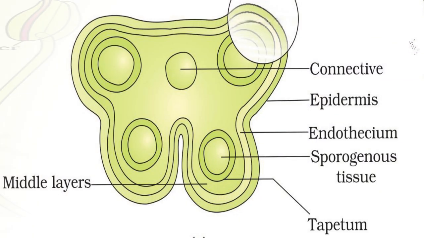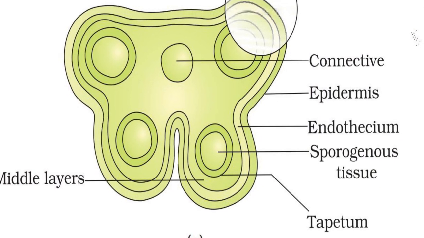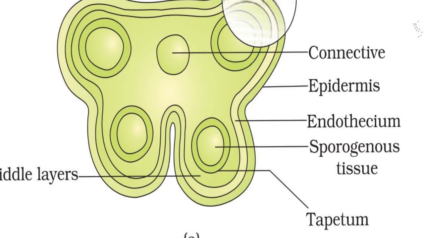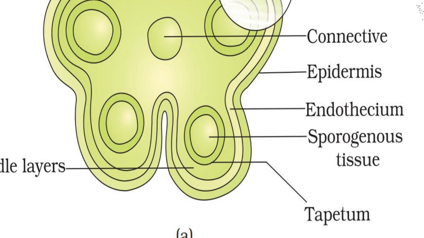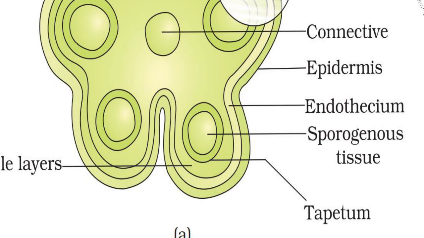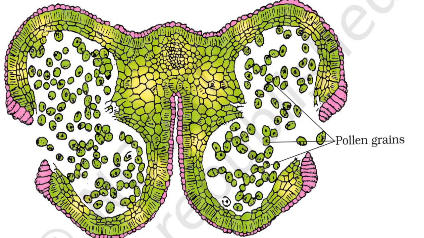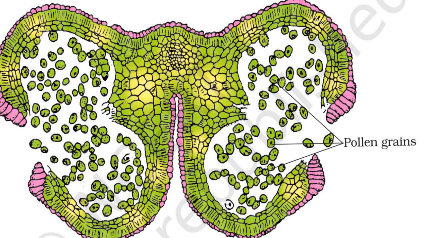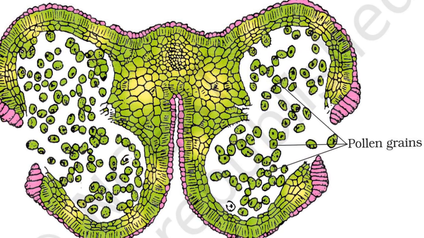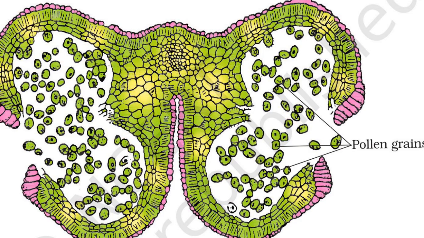In transverse section, the anther looks like a four-sided, tetragonal structure. It has four microsporangia, one at each corner. These microsporangia develop into pollen sacs, which run longitudinally and are packed with pollen grains.